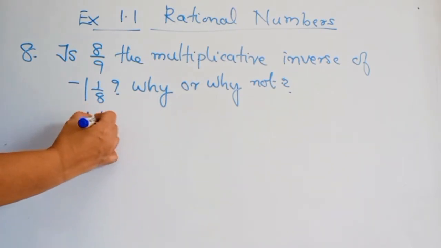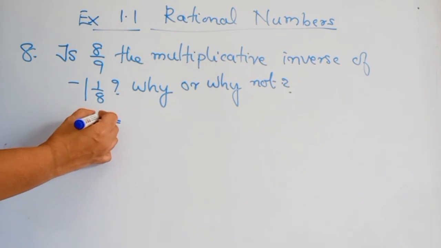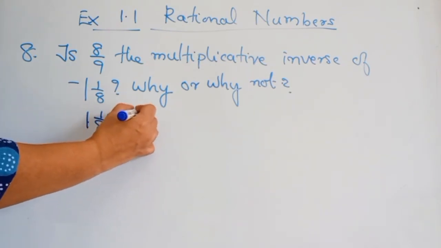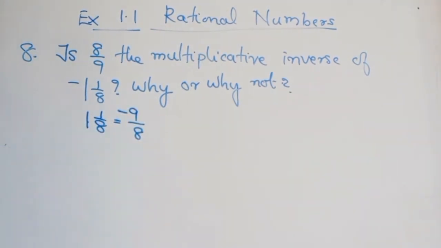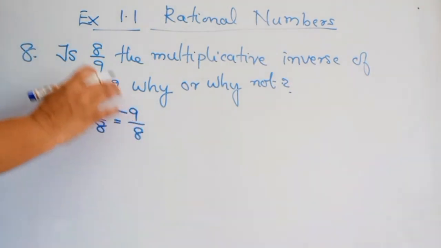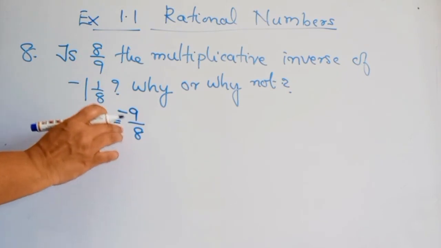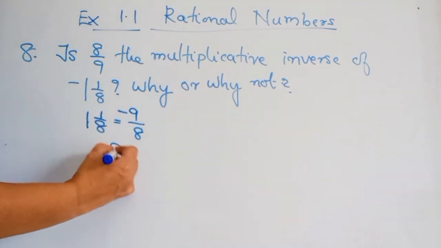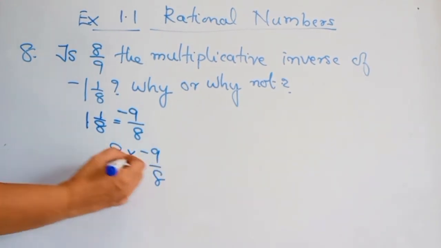So it is 1 into 8, 8 plus 1, 9 by 8, and a minus sign is there. Our question is: 8 by 9 and minus 9 by 8, are they multiplicative inverses? So it is 8 by 9 into minus 9 by 8.